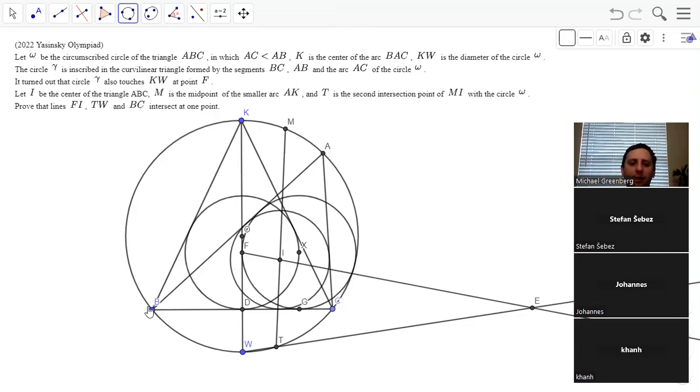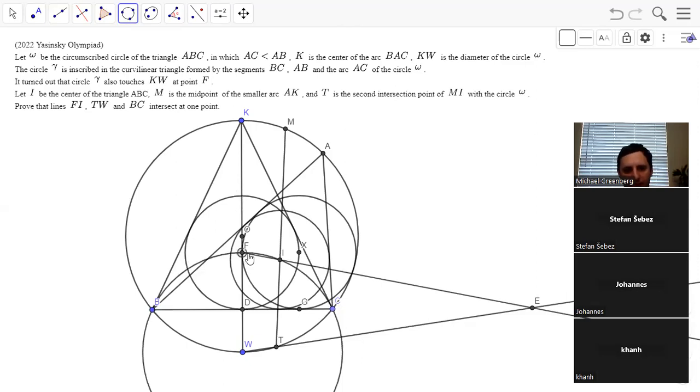Oh, BFIC. All right. Because angles BFC and BIC are both equal to 90 degrees plus BKC over 2. So E has the same power with respect to this circle and the big circle. Yeah, so that little quadrilateral must be cyclic, FITW.